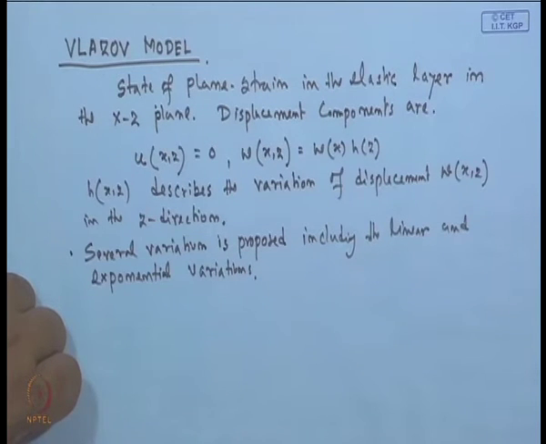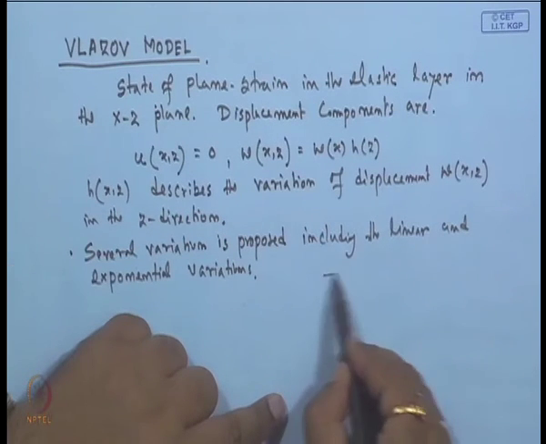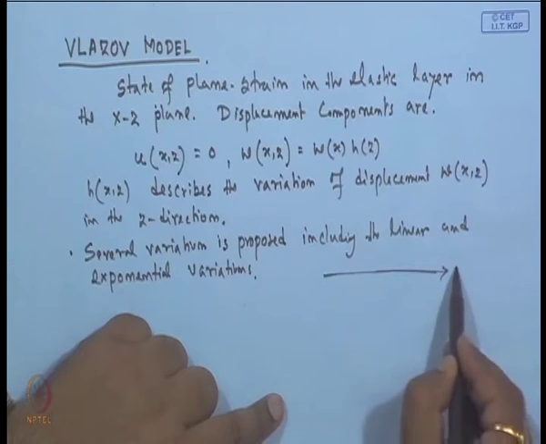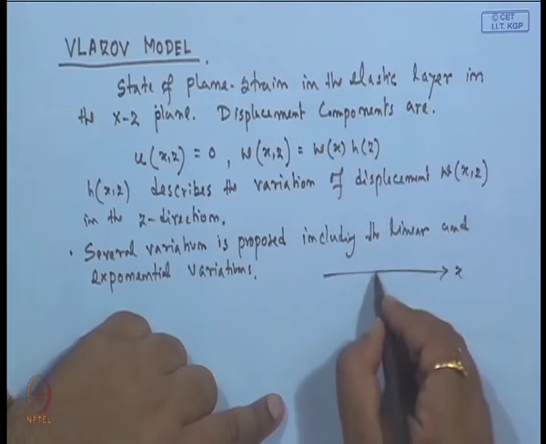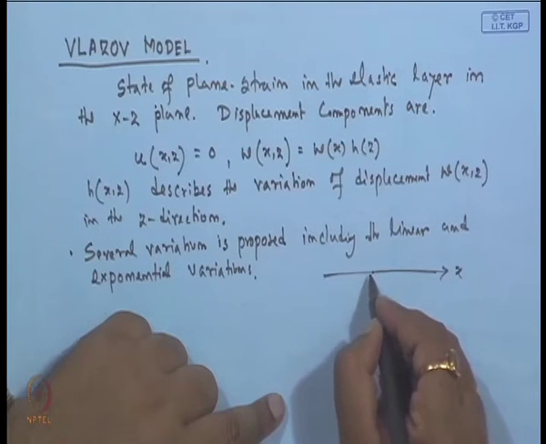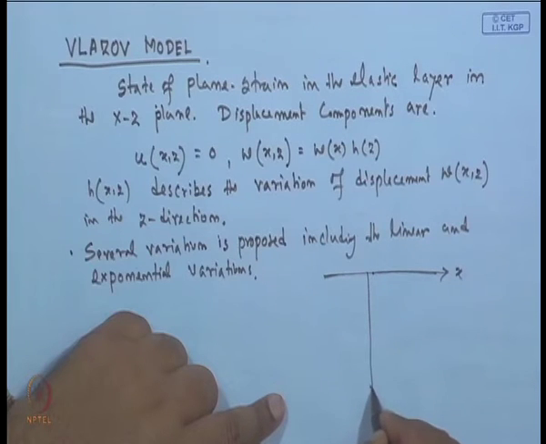Now, in the Vlasov model, if we have the soil, let us suppose this is x and here we have the z direction.